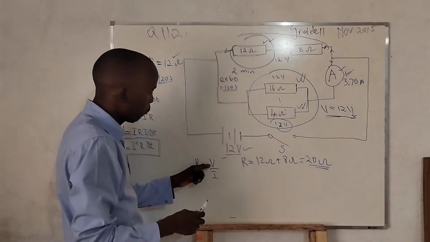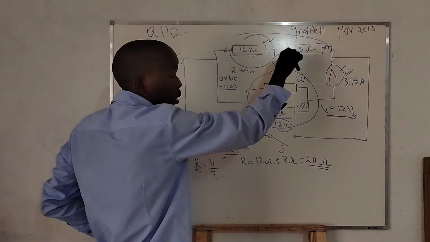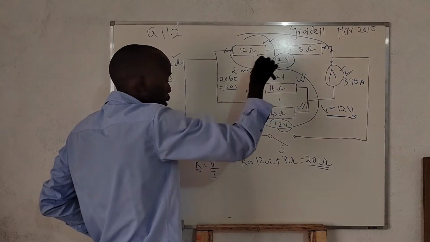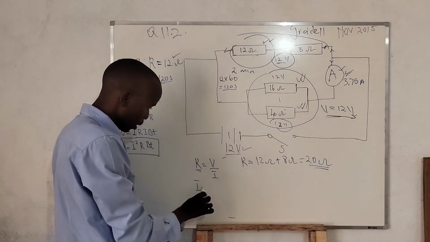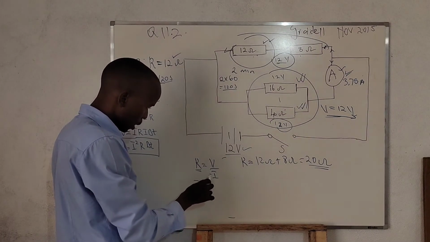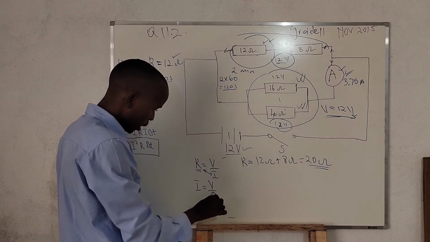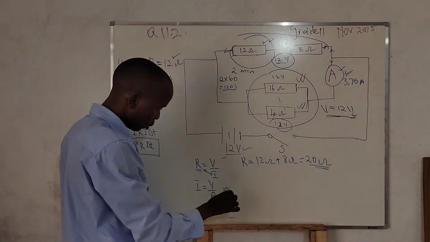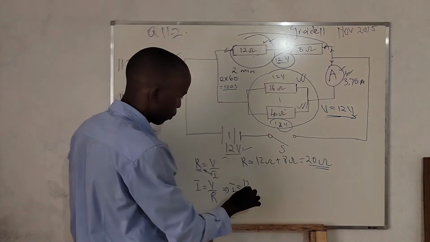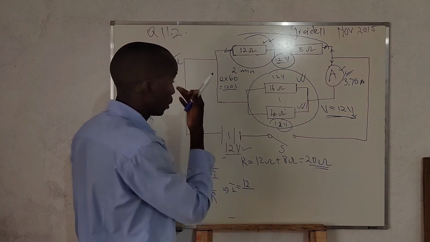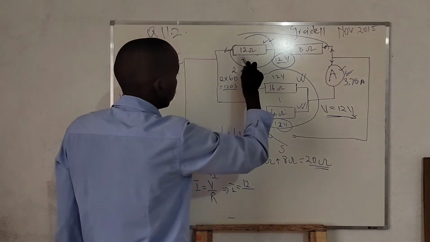Then we have got voltage. The voltage across these two resistors is equal to 12 volts. Then I can just rearrange this and say I is equal to voltage over resistance. So I is equal to 12 over the resistance, and the resistance of this section is 20.